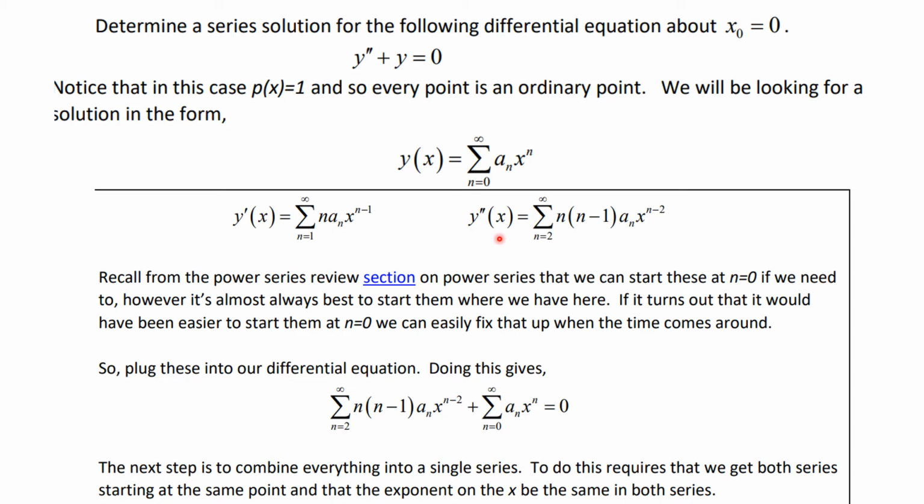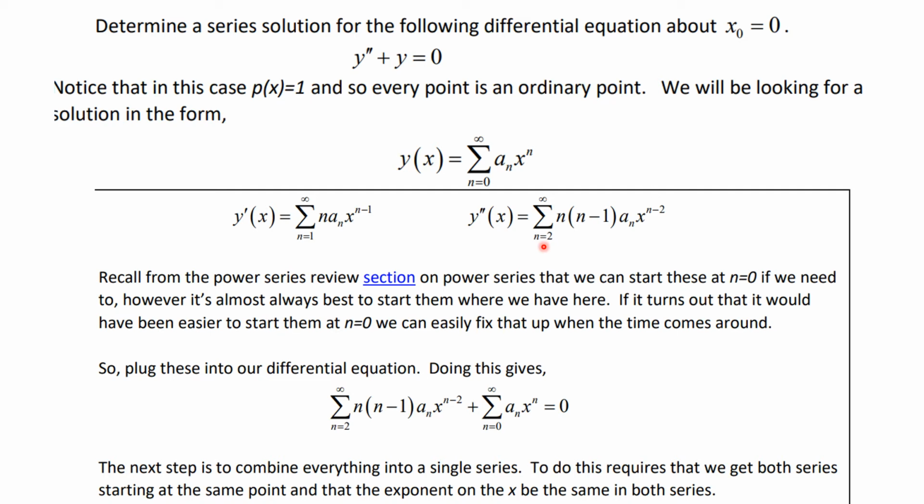Now this time, what I had was a1 was a constant, and so this one could start at n equals 2. Taking the derivative again of this, I will have n times n minus 1 a_n x to the n minus 2. But notice that since I have n here and I have n minus 1 here, I could change this to being n equals 0, and it would still be the same thing.